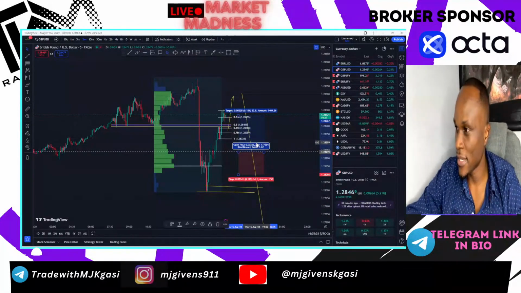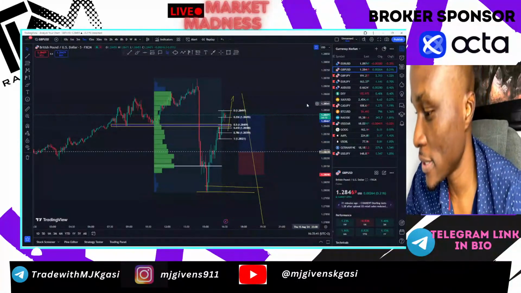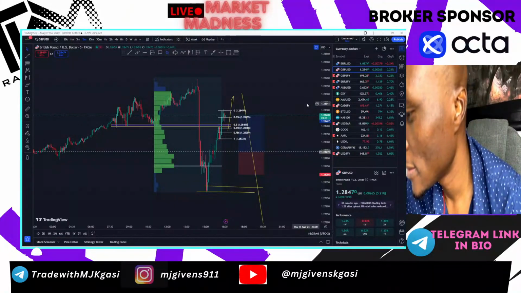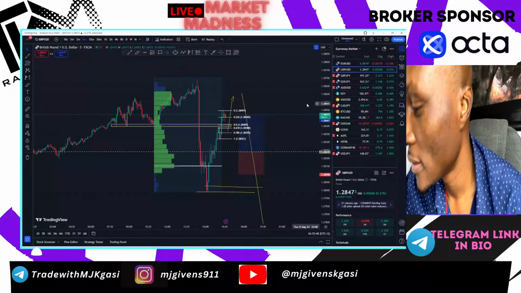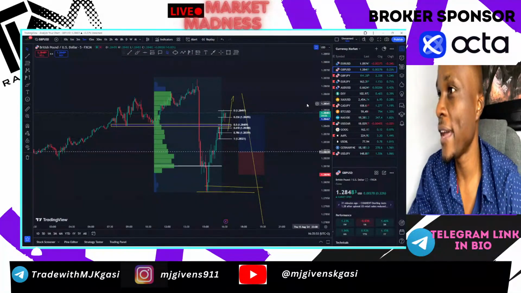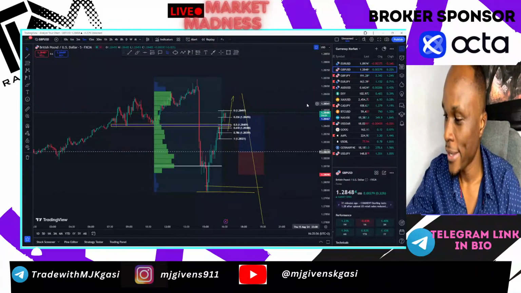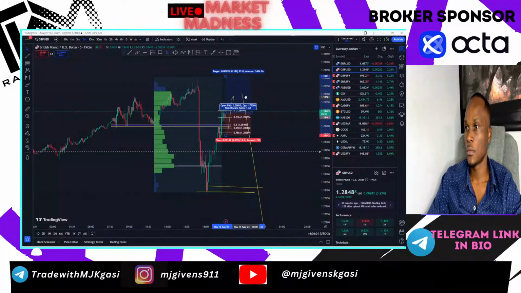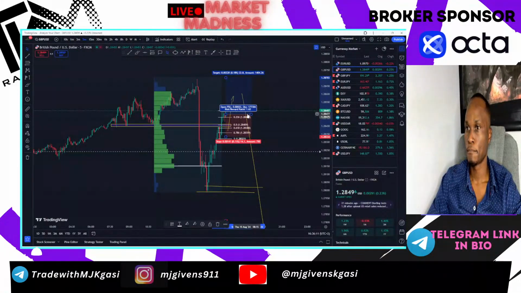Choppers, I'm going to take my sell at this price now as it is. I'm taking my buy, filled at 1284.84.